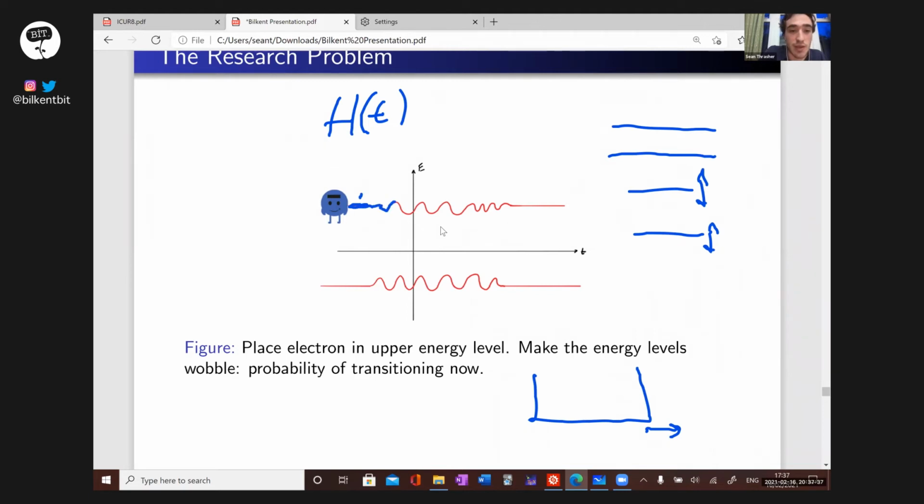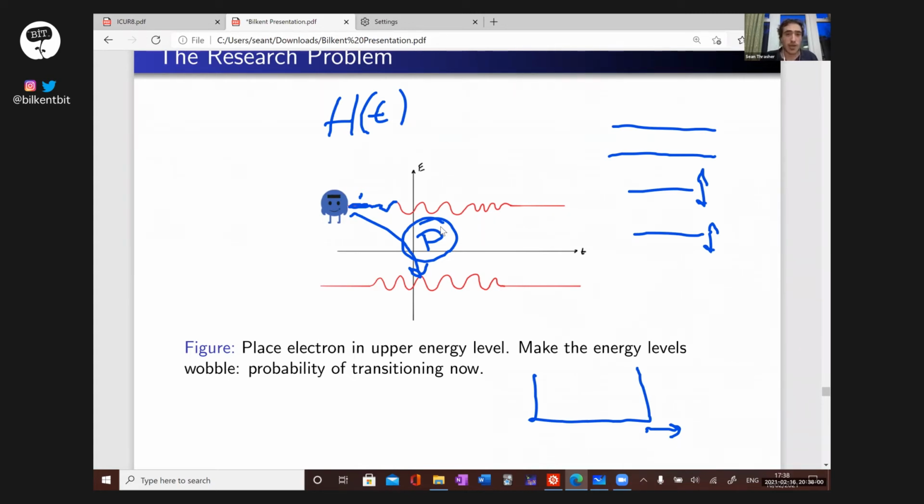But there's going to be a tiny probability P that it jumps down. That's crucial. There's a probability P that the electron will jump down, and the question is, what is this probability?